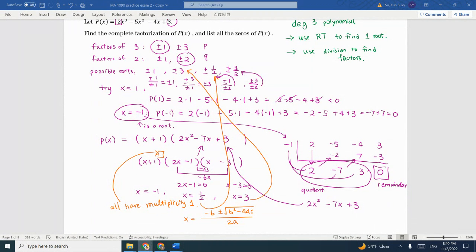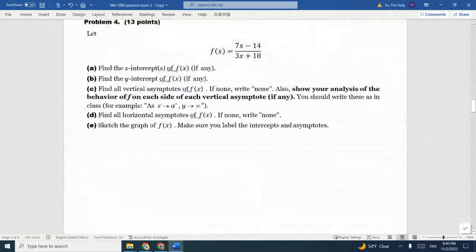What is the next problem you want to go over? Seven. Great.